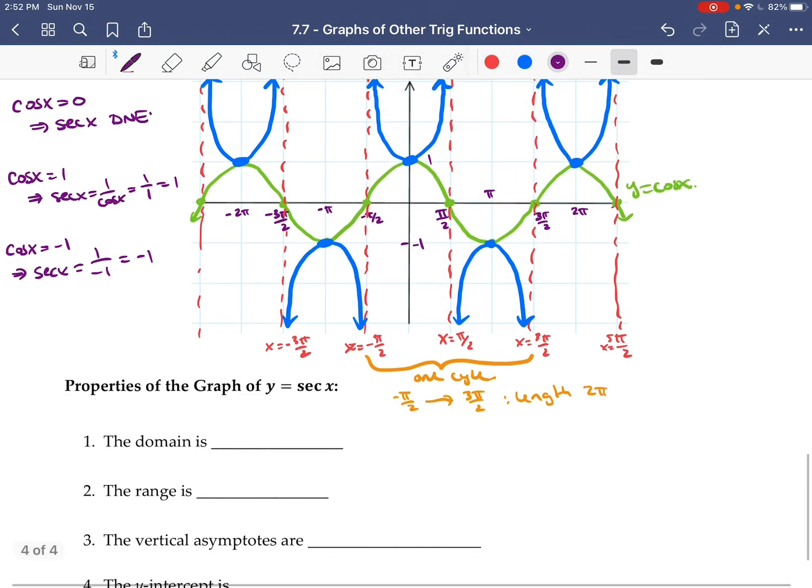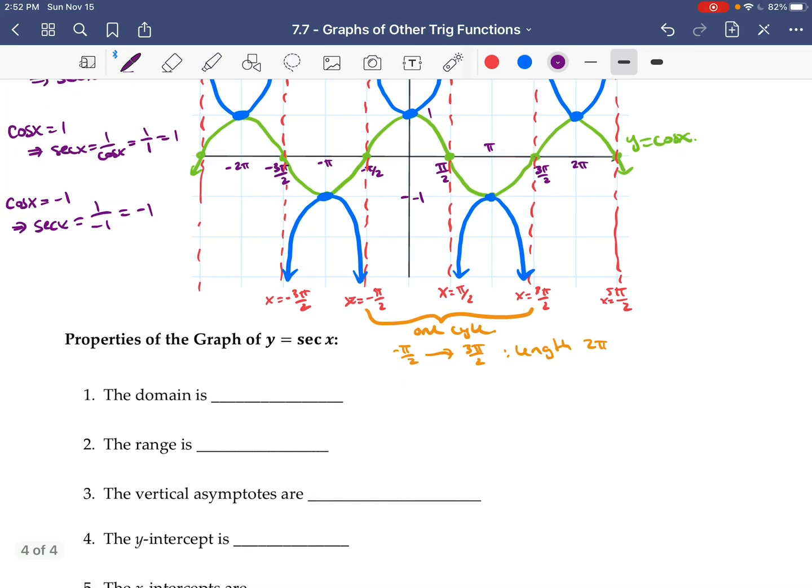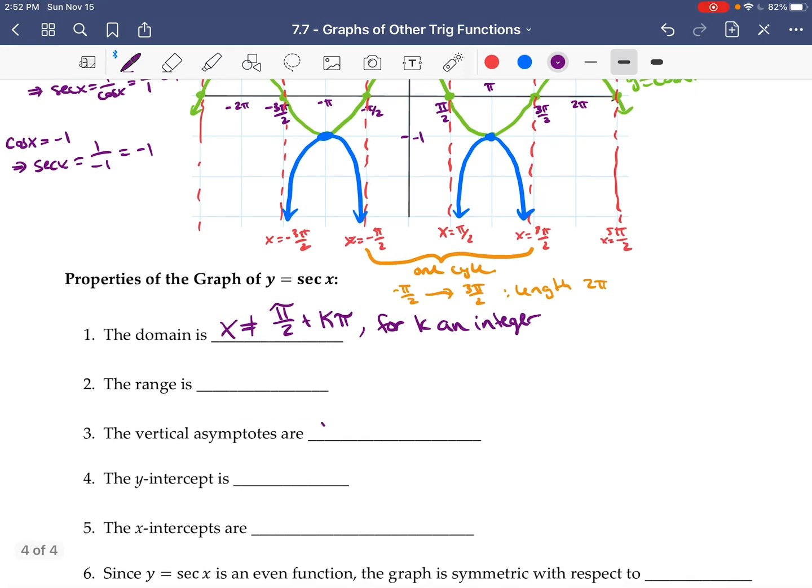Then the domain here is, I can't have x equal to pi by 2 or any integer multiple of pi added to that. The vertical asymptotes are exactly those. So the equations, I just have to have an equals there.